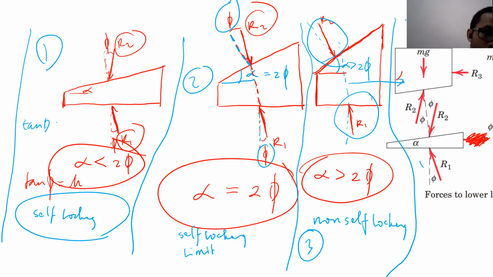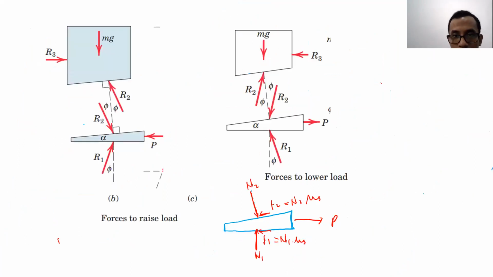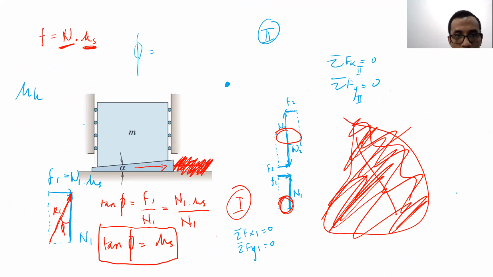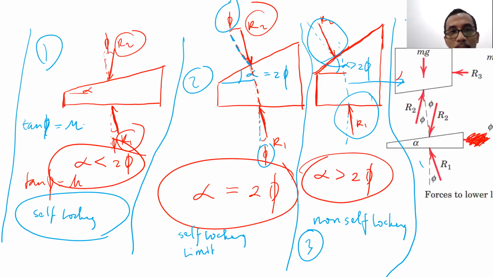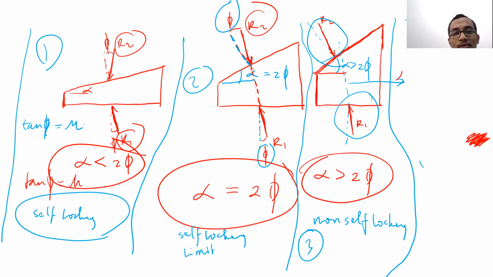Also, the angle of the N is not determined. What I mean is R should be perpendicular to the wedge, right? No, R is not supposed to be perpendicular to the wedge. The normal force is supposed to be perpendicular to the wedge. R is actually a combination between normal force and friction force.